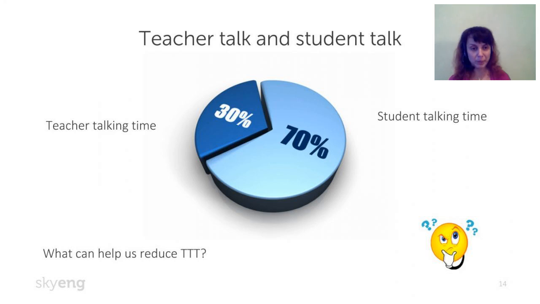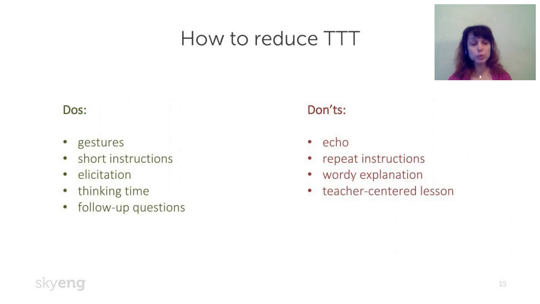So what can help us reduce our talking time? If we use gestures, if for some matching exercise you show it like chuk, chuk, chuk, you don't have to talk. Or if you show something like word order, change the order of words, you don't have to say anything. If you give short instructions, if you don't explain, okay, now if you would like to practice, I would recommend doing this exercise where you have to choose one of the two verb forms, and boom.